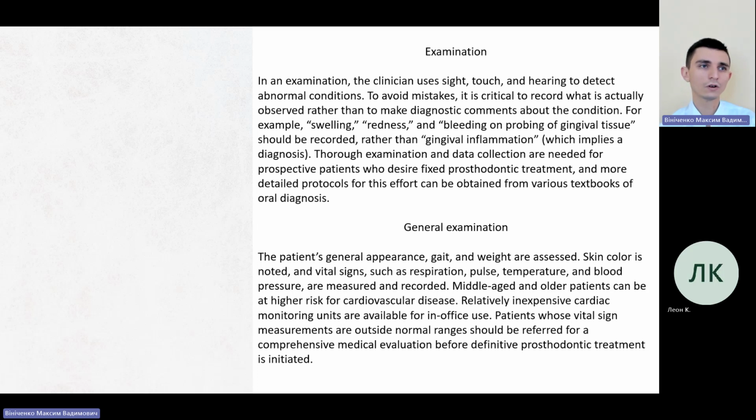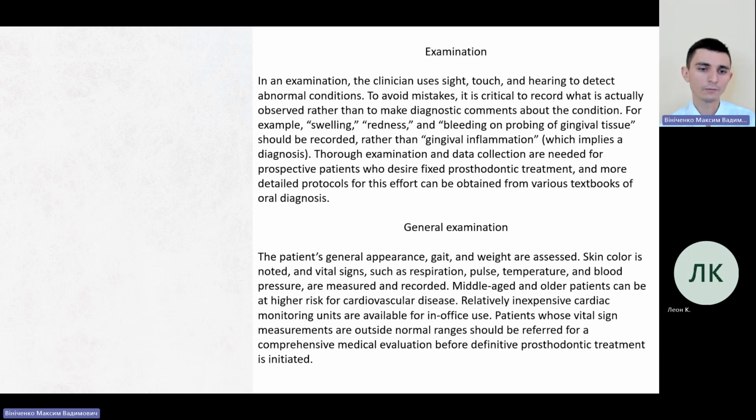The patient's general appearance, gait, and weight are assessed. Skin color is noted, and vital signs such as respiration, pulse, temperature, and blood pressure are measured and recorded. Middle-aged and older patients can be at higher risk for cardiovascular disease. Relatively inexpensive cardiac monitoring units are available for in-office use.